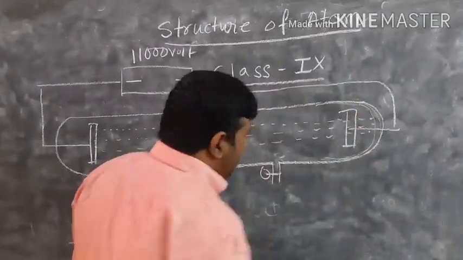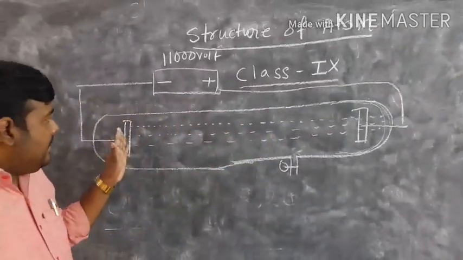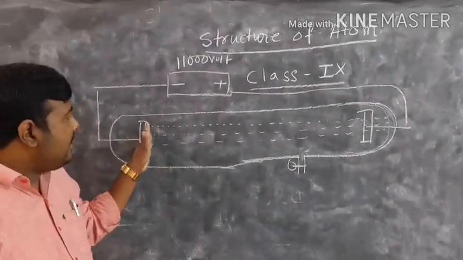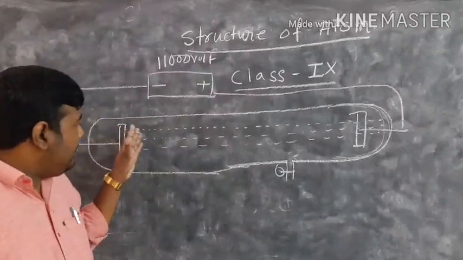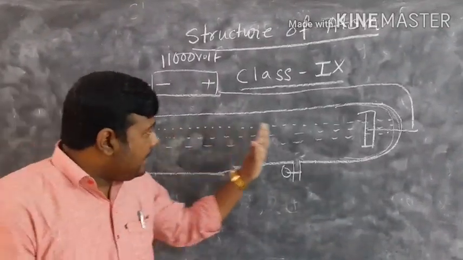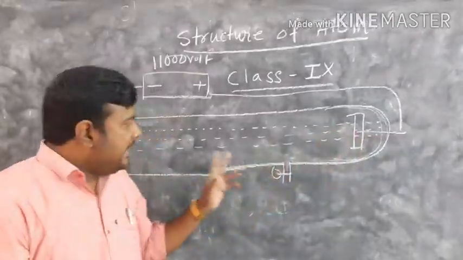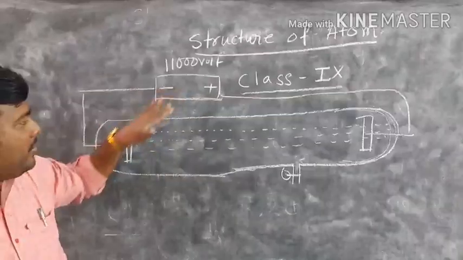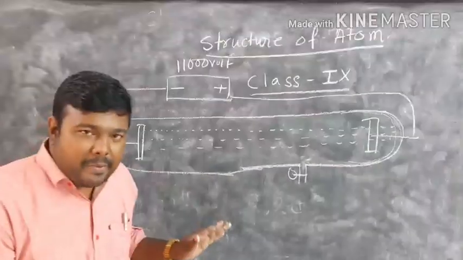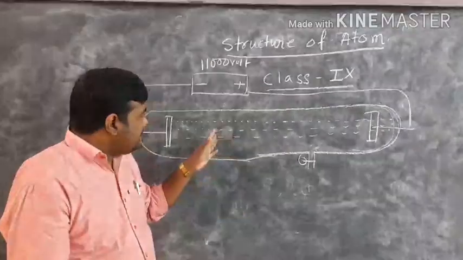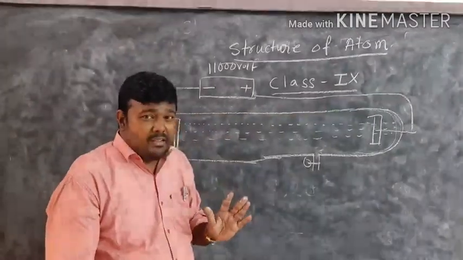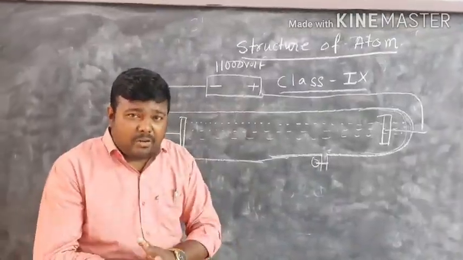It started glowing. Then the question is, how does this twinkling streak of light come? Initially, when he passed the 11,000 volt current, the tube was filled with air, and we know that air is a bad conductor of electricity.